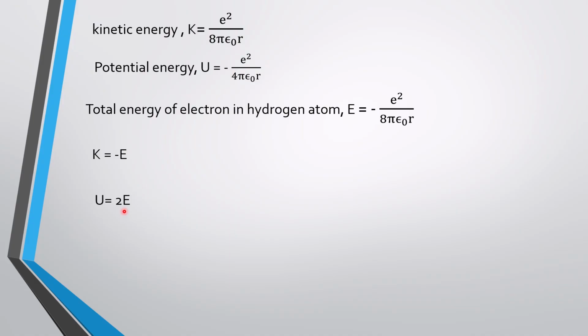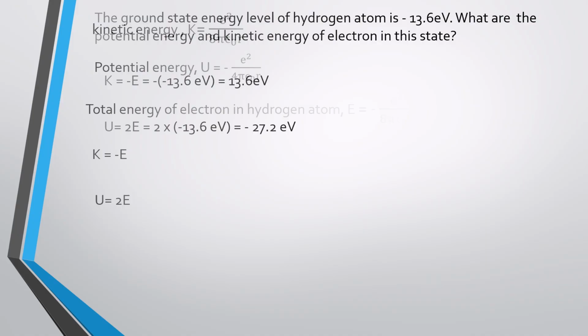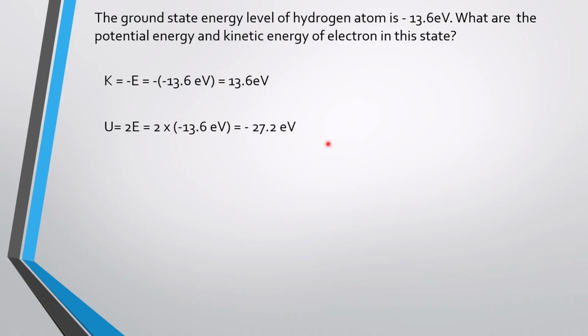We can use these two equations to solve the problem. K is equal to minus E, that is minus of minus 13.6 electron volt, that is 13.6 electron volt. U is equal to 2E, that is 2 into minus 13.6 electron volt, minus 27.2 electron volt.